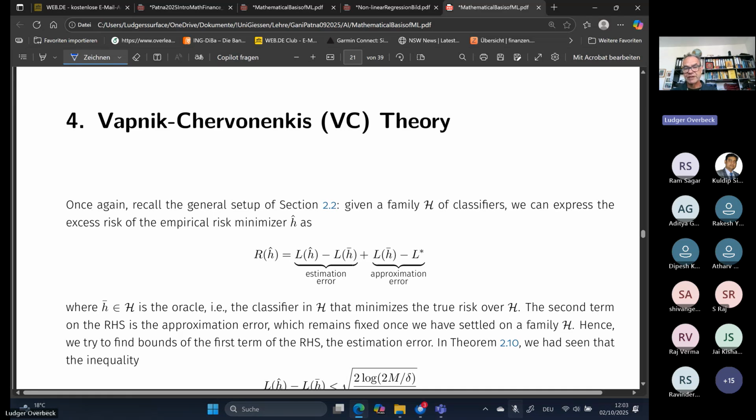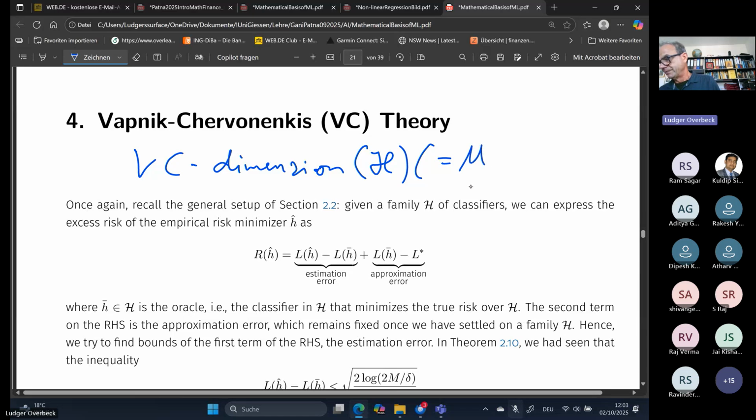Now we take a family of classifiers H and we have to determine what's called the VC dimension of H. That's a dimension of the function space, look at it like this. And so especially this equals M if H equals M.